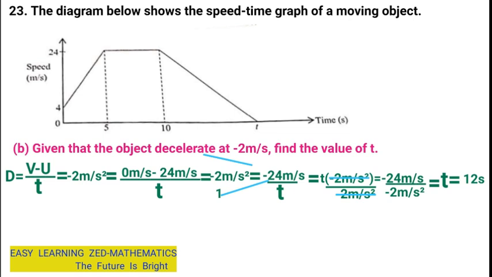So 10 seconds plus 12 seconds gives me 22 seconds. That 22 seconds is the time for t, so you need to write 22 seconds there. So t is 22 seconds.